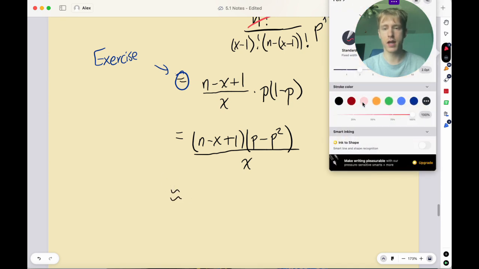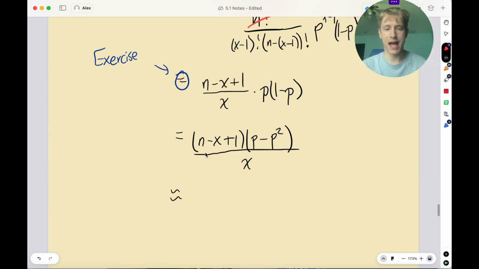So the first term that I'm going to write down is that this term right here can be approximately the same thing as n, provided what? Well, provided that n is very big compared to x.